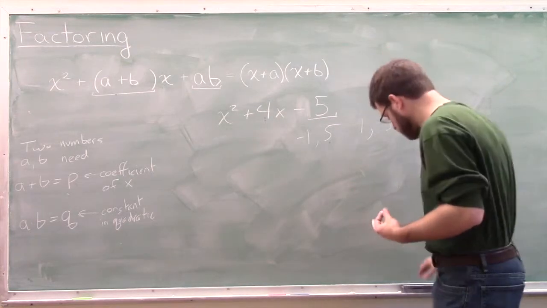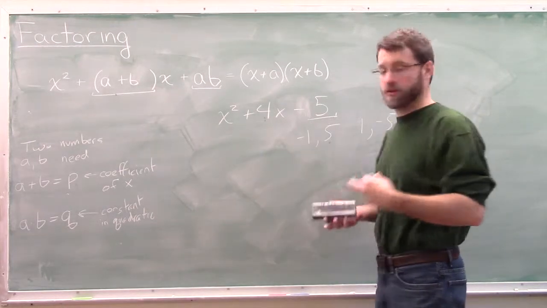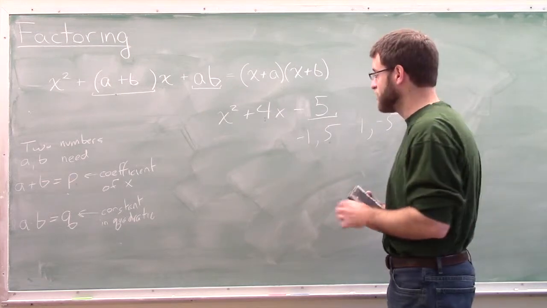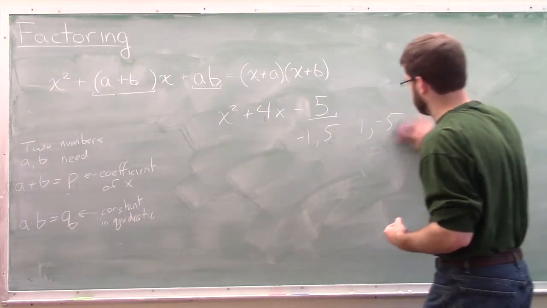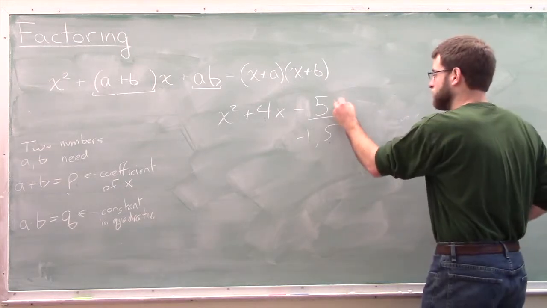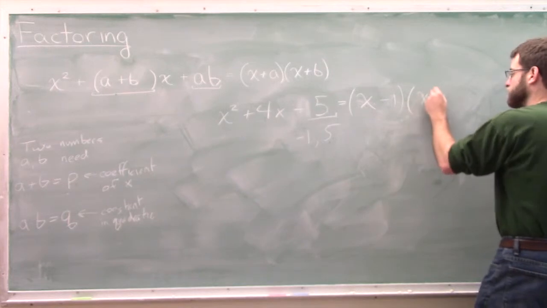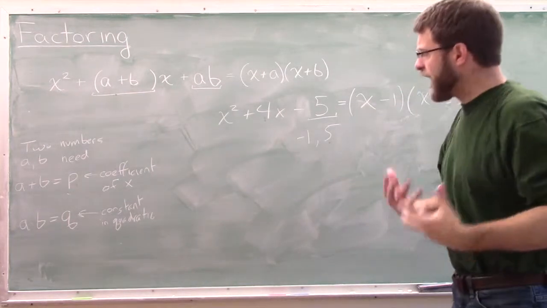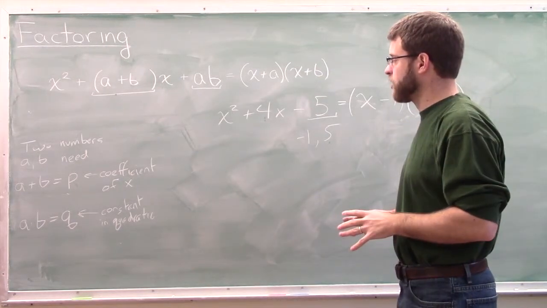Okay? So it's not obvious when you look at a polynomial whether it's going to factor or not. You have to try out the possibilities and make sure that both parts of the polynomial match up. Okay? So this guy would factor into x minus 1, x plus 5.